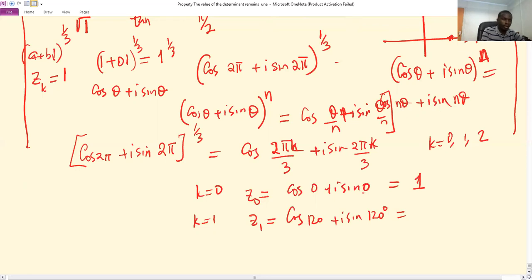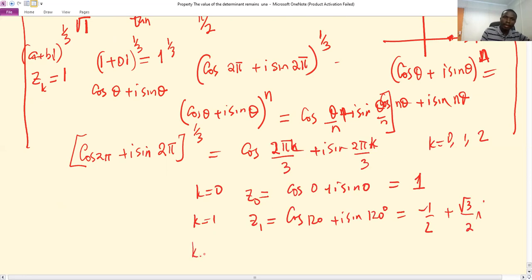Cosine of 120 is negative a half, sine of 120 is root 3 over 2, so root 3 over 2 i.